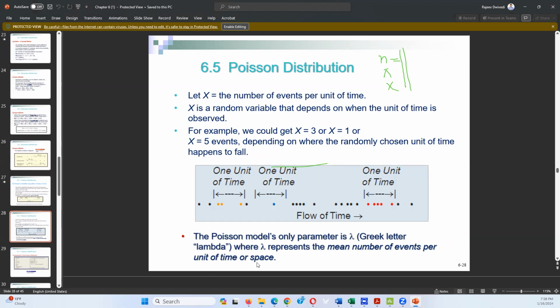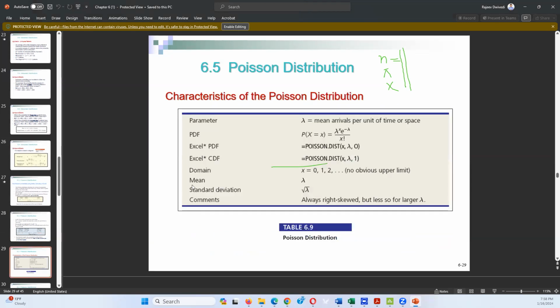So when do we use it? Whenever you see average, the mean number of events per unit of time or space. So lambda is important in this. Its mean is lambda, and its standard deviation is the square root of lambda.